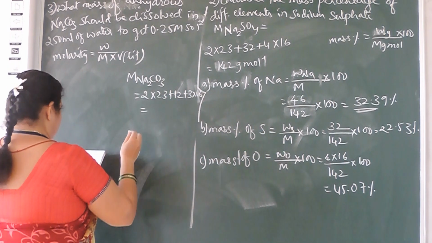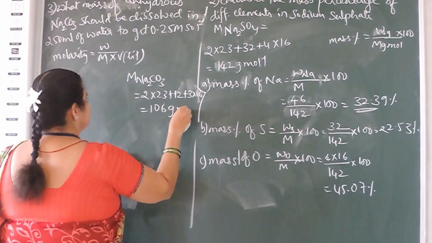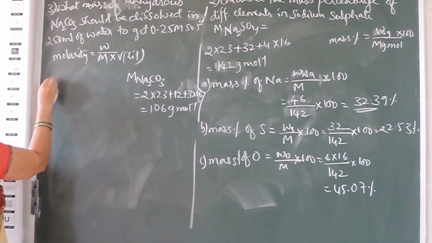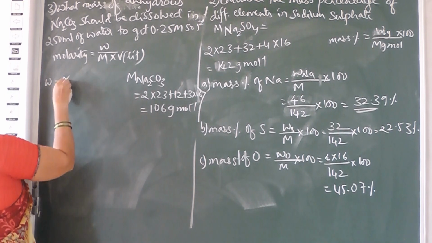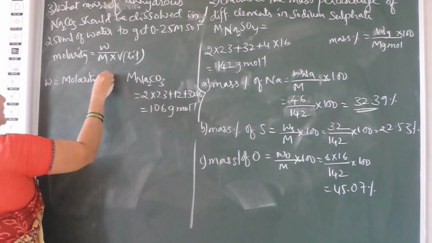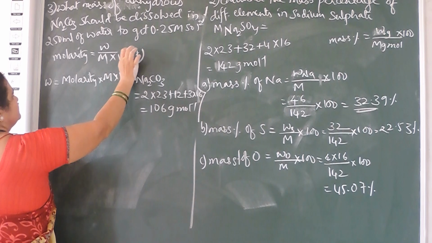So totally molar mass of sodium carbonate will be 106 grams per mole. Now W is equal to molarity into molar mass into volume in liters.